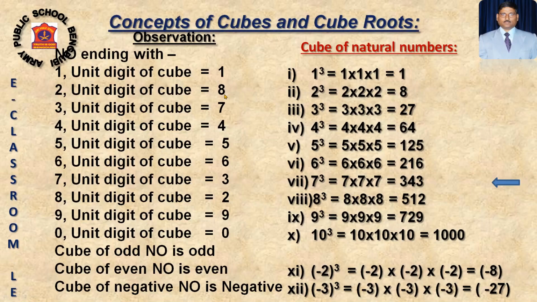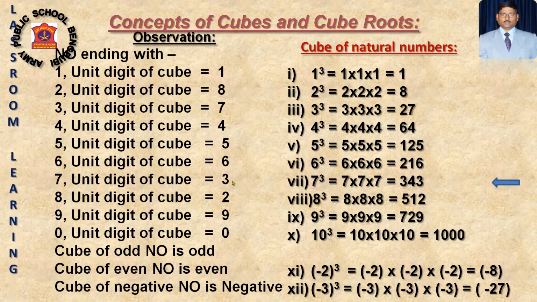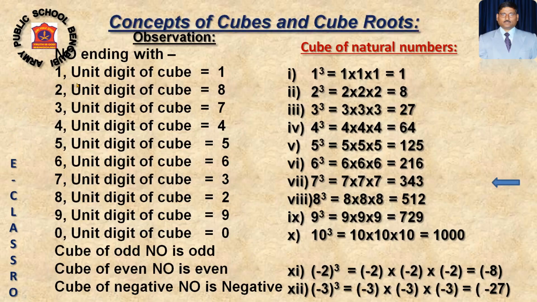If the unit digit is 8, the unit digit of the cube root will be 2. If the unit digit is 3, then the unit digit of the cube will be 7. So 2 is linked with 8, 3 linked with 7, similarly 7 linked with 3 and 8 linked with 2. You have to remember this sequence.